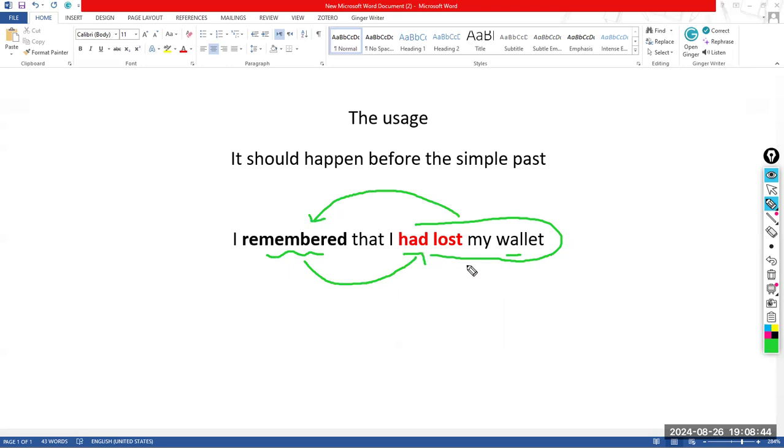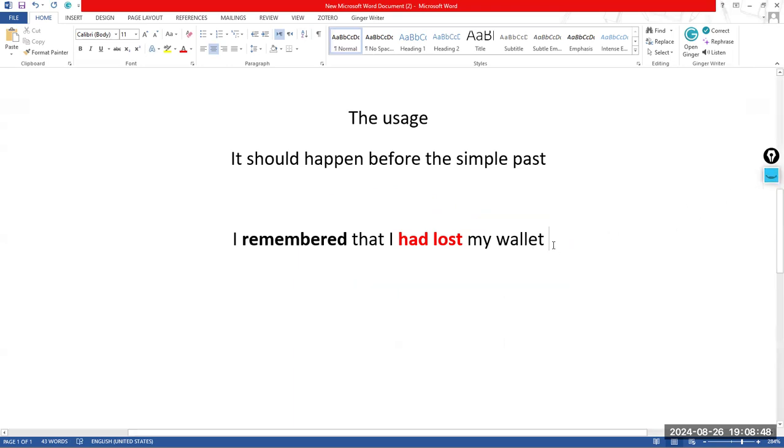Okay? Don't use it alone in the sentence. Don't say, for example, guys, I had lost my wallet. This is wrong. Why? Because all the time you have to use the simple past with the past perfect. And keep in mind that the past perfect should happen before the simple past.